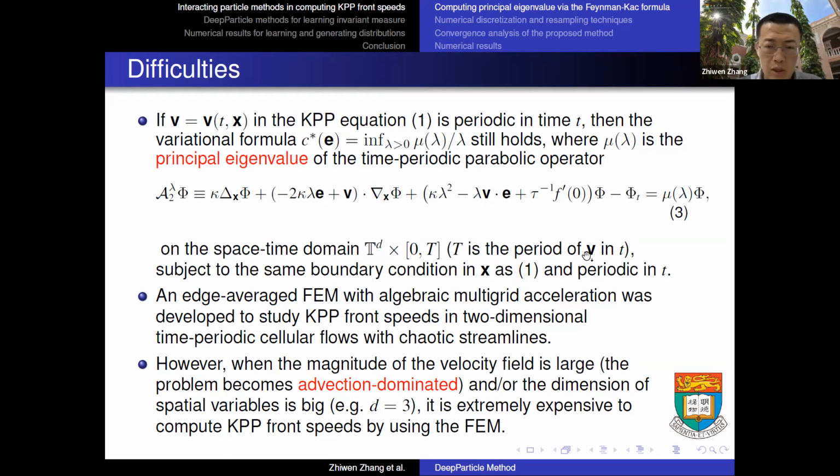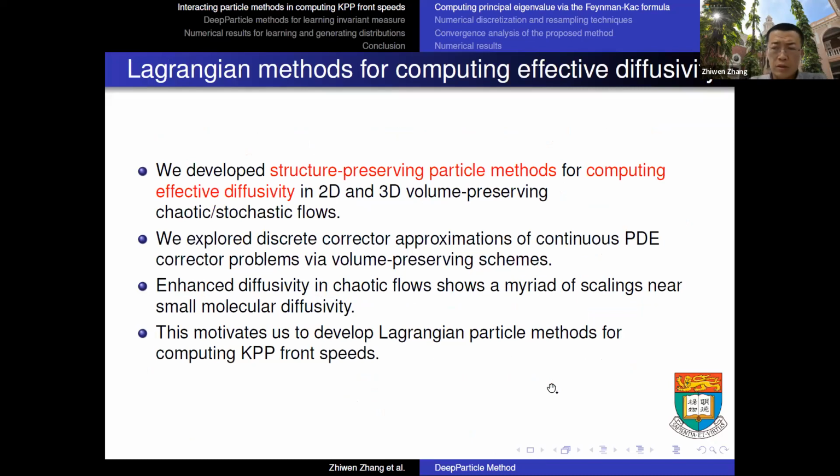In the literature, there is some work using edge average FEM with algebraic multigrid method to compute this only for 2D. When problems are defined in 3D space, and when they are advection dominant, with diffusion very small, or the advection is strong, this brings challenges for numerical methods such as FEM or spectral methods.